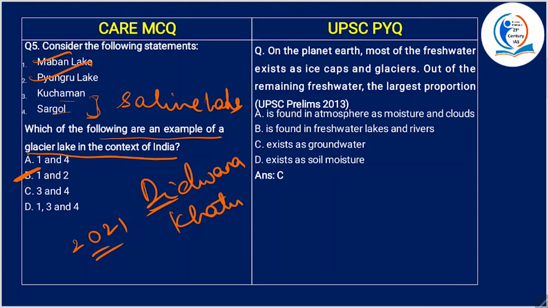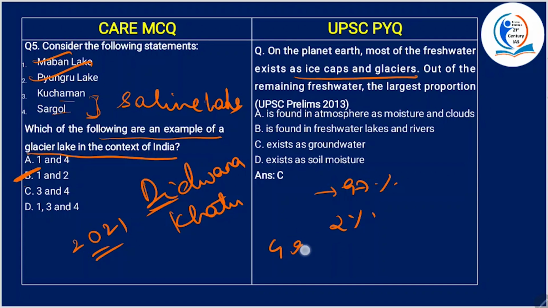Now, on the planet, most of the fresh water exists as ice caps and glaciers. Out of the remaining fresh water, the largest portion is in what? This is directly picked up from the NCERT. Oceans, as you all know, have 97% of water, and when you come to fresh water, ice caps and glaciers form the highest, around 2%.